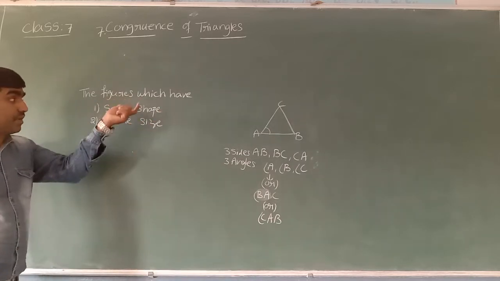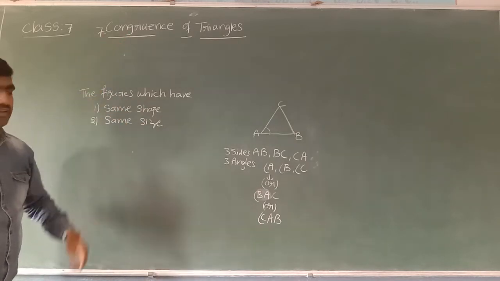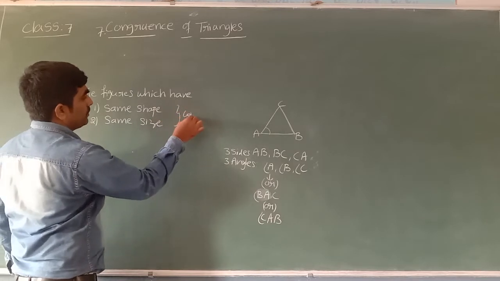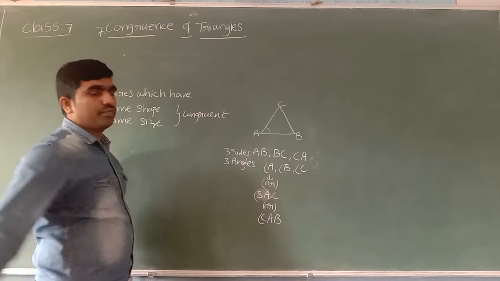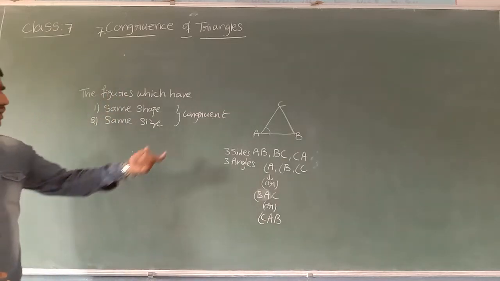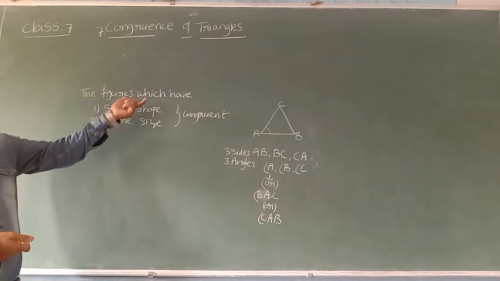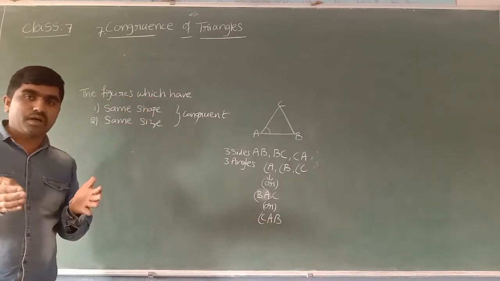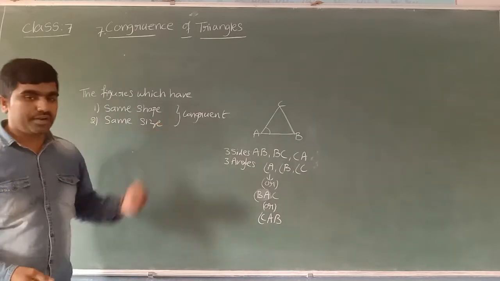The figures which have the same shape and same size are called congruent. That is the meaning of the word congruency. If the objects have the same shape and the same size, they are called congruent.